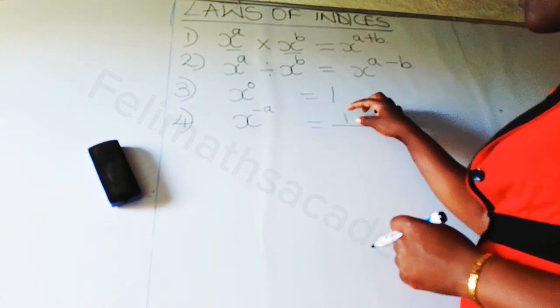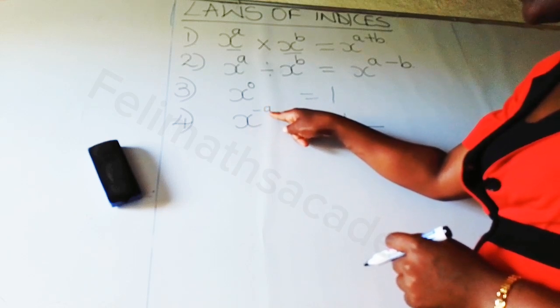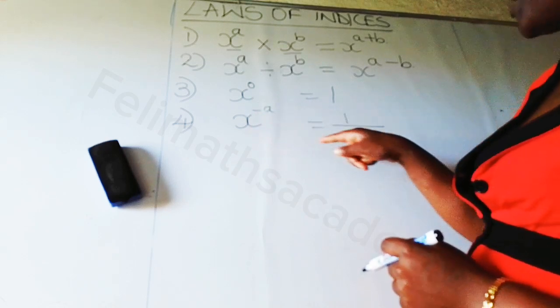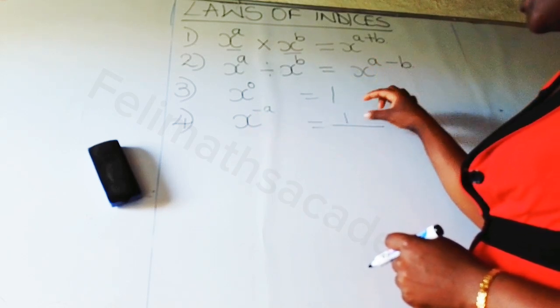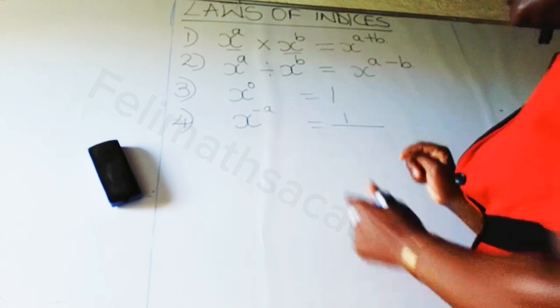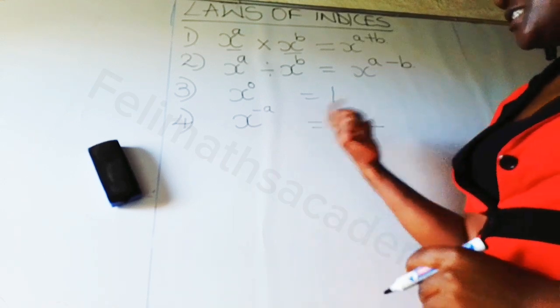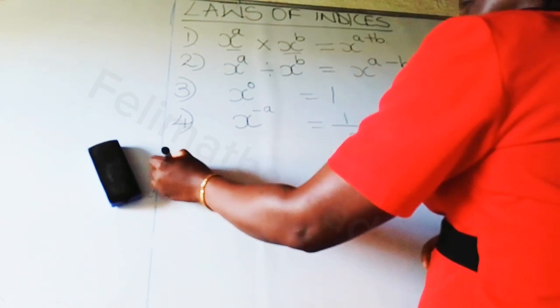So it's 1 divided by this thing to the power positive a. The negative has gone, once we have written this part, which represents our negative: 1 over that x to the power a. That's our fourth law.